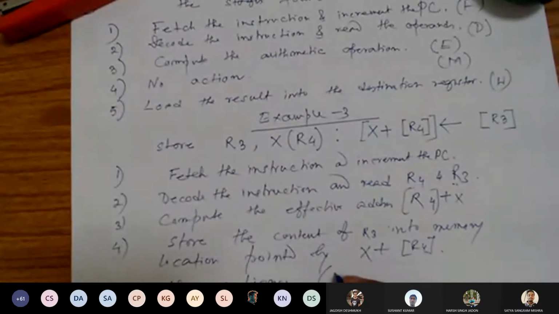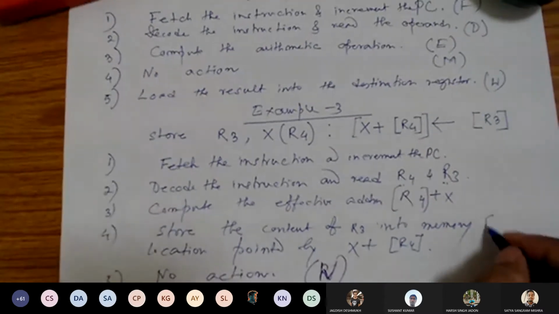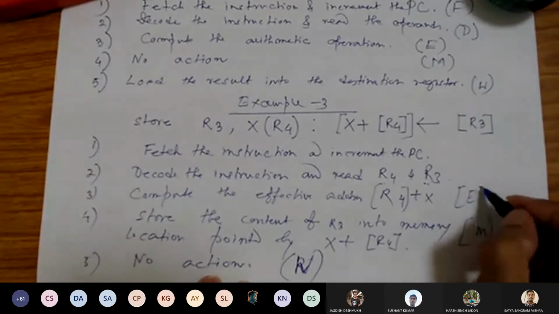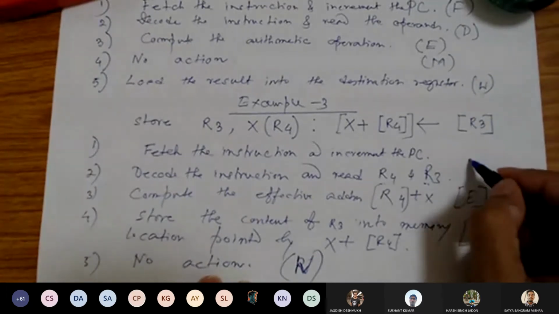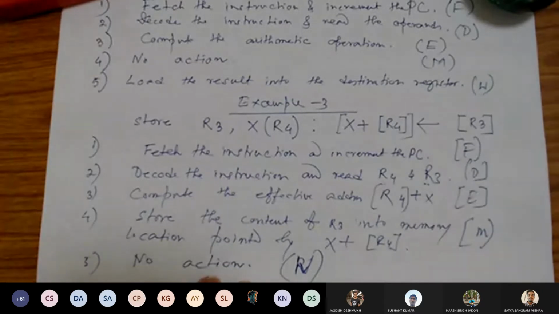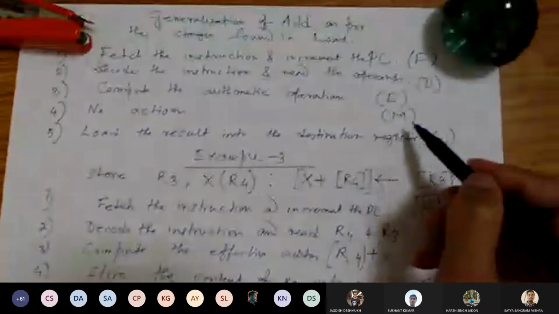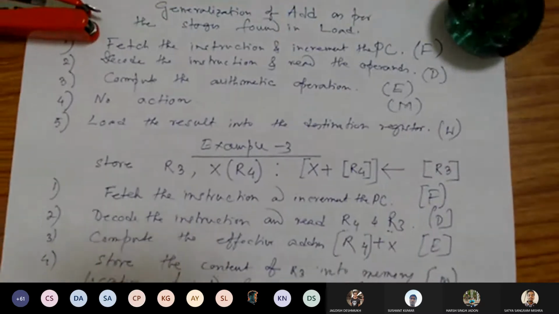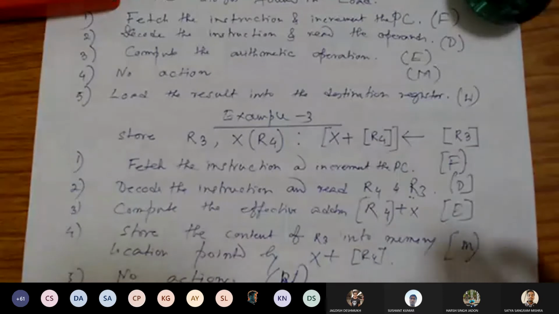So this is write back, this is memory, this is execute, this is decode, this is fetch. So FDEMW, same FDEMW. Earlier also you have seen the same stages.